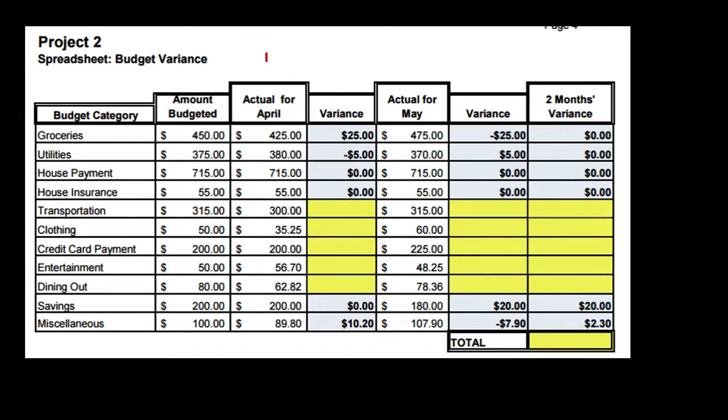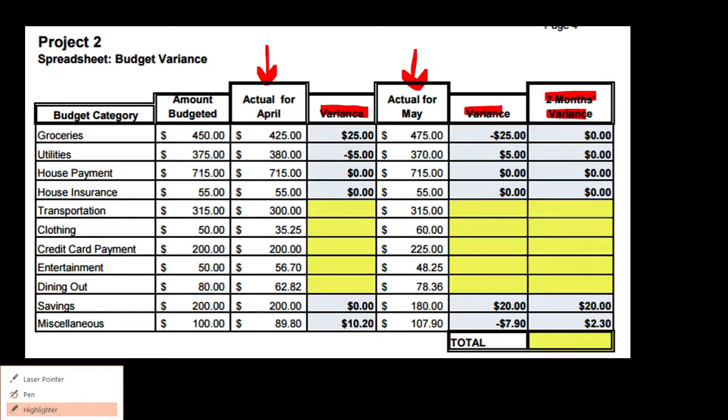Then these two columns, actual for April and actual for May, are what was actually spent on each one of these budget categories. The columns that we have to worry about are variance for both months, as well as 2 months variance. So taking a look at April, we have this column, actual for April.